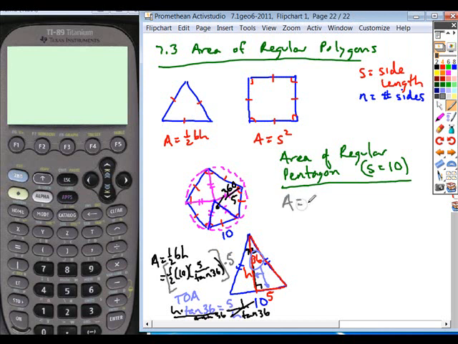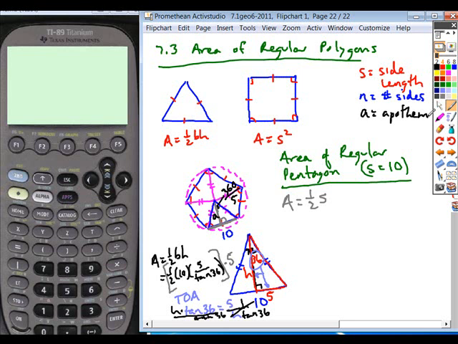The area for any regular polygon is going to be the area of the corresponding reference triangle. So 1/2 base. The base of the triangle corresponds to the s value, the length of the side of the regular polygon, times the height of that triangle. The height of the triangle is given as a. a represents the apothem.